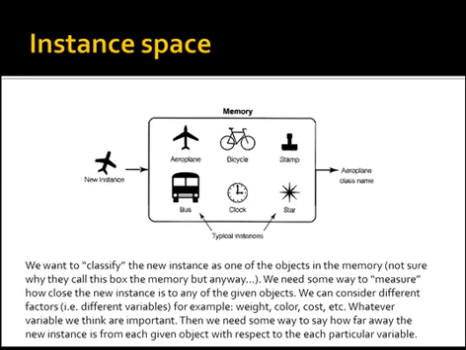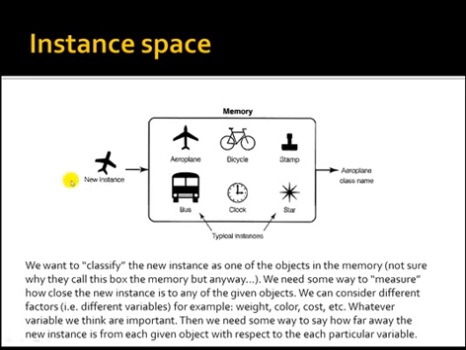We can consider different factors. That means different variables. For example, the weight, the color, the cost, maybe the orientation. This one is kind of slanted and this one isn't. Okay, whatever variables we think are important. Then we need some way to say how far away the new instance is from each given object with respect to each particular variable.